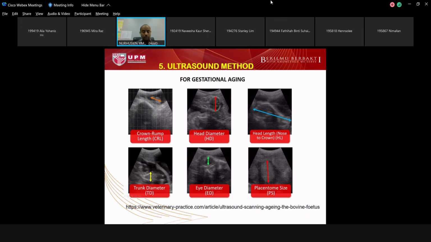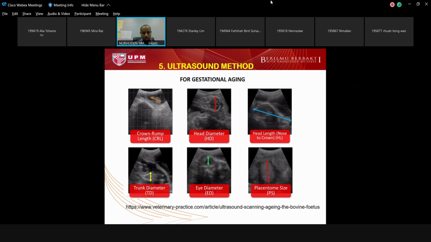Okay, now that is for pregnancy diagnosis, but again, knowing the stage of the pregnancy, or estimating the age of the fetus, is also very important for similar reasons that I have mentioned before. And remember, during transrectal examination, you may also be able to estimate the stage of pregnancy by taking into account a number of different parameters, right?